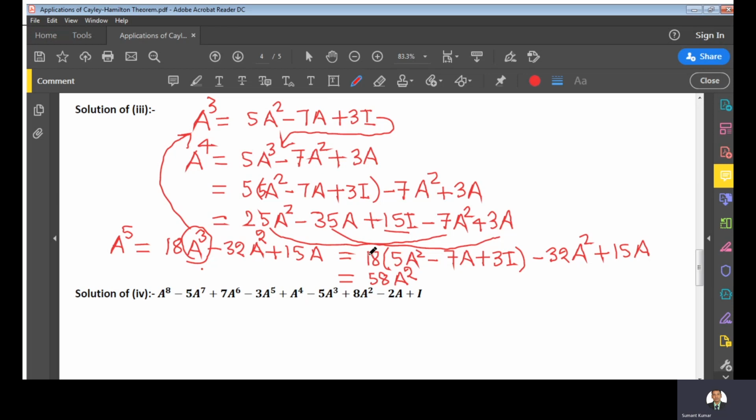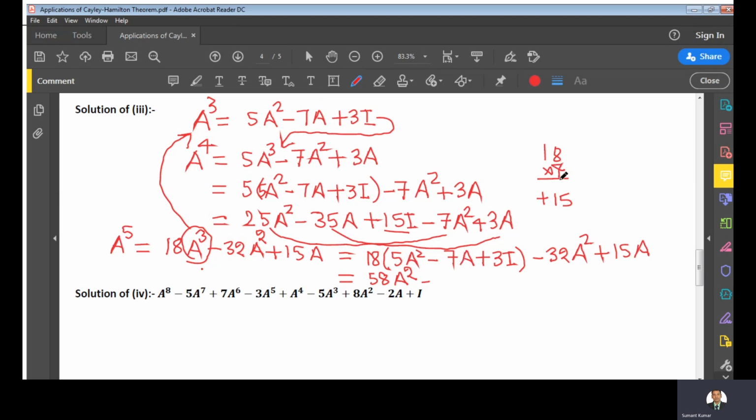And then the coefficient of A. A is also present here, right? So when you subtract it, 18 times 7, you will multiply it and subtract the result, add this result with 15, correct? So what will happen here?